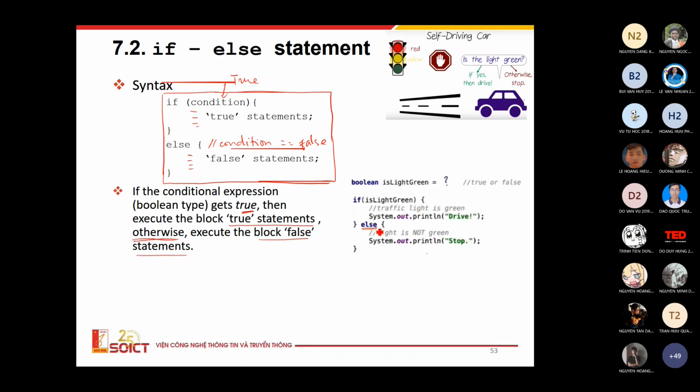And when you write if light green like this, that means you have to check if light green is equal to true. The double equal operator here means you check the equality.